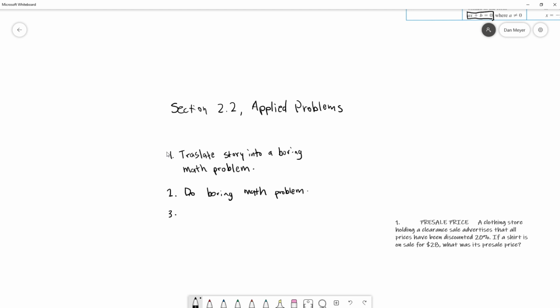And then the third step is translate the answer to the boring math problem back to something that makes sense in the context of the story. All right, so those are going to be the rough steps that I follow.